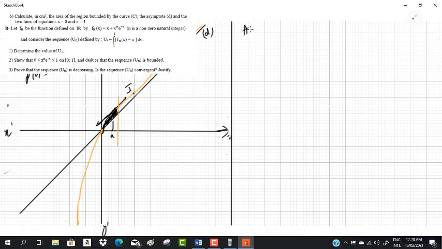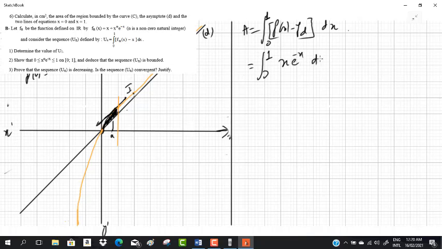Okay. Area equals the integral from 0 to 1 of f of x minus y D, dx. I don't have to use absolute value or multiply by minus, because the function is above the line D, so the answer will surely be positive. It equals the integral from 0 to 1 of f of x minus y D, which we found earlier is x e to the minus x.